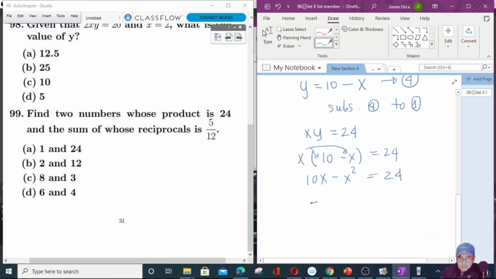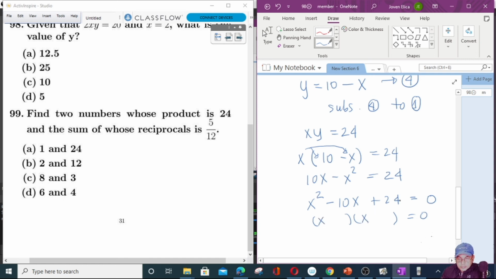Transpose the negative to the right side, it becomes positive x squared. Transpose this, it becomes negative 10x, plus 24 is equal to 0.